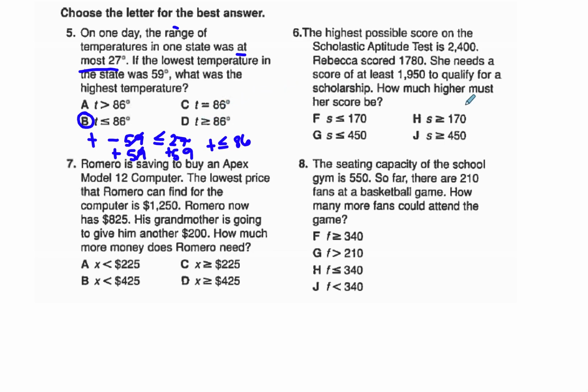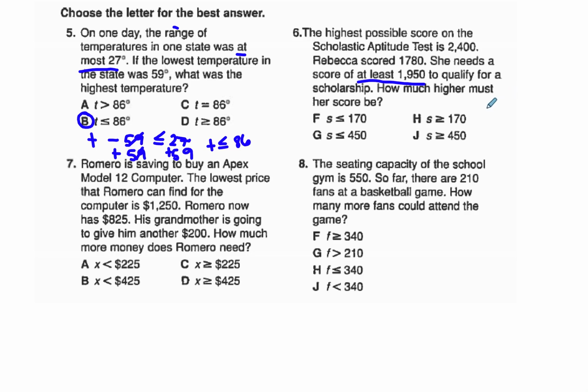All right, let's take a look at number 6. The highest possible score on the Scholastic Aptitude Test is 2,400. Rebecca scored 1,780. She needs a score of at least, here's our key phrase, 1,950 to qualify for a scholarship. How much higher must her score be?